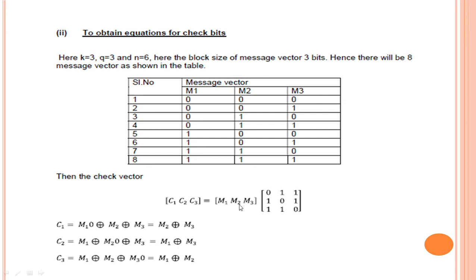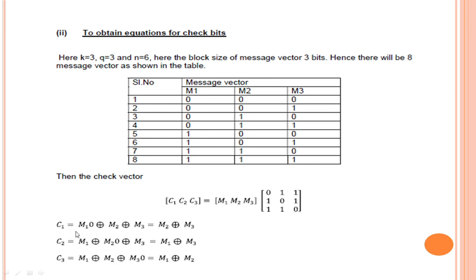So M1, M2, M3 is multiplied and modulo 2 added with the first column of the submatrix, and then the check bit C2 can be generated by multiplying the message bits with the second column of the submatrix. And the check bit C3 can be generated by multiplying the message with the third column of our submatrix.